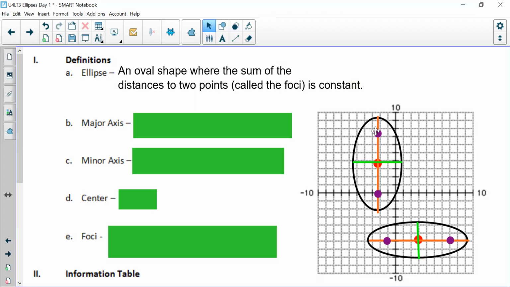Well, that sum is equal to all other possible sums. If you pick any other point on the ellipse, you measure this distance, you measure the other distance, you add them up, it'll be the same sum as this one, this distance plus this distance.